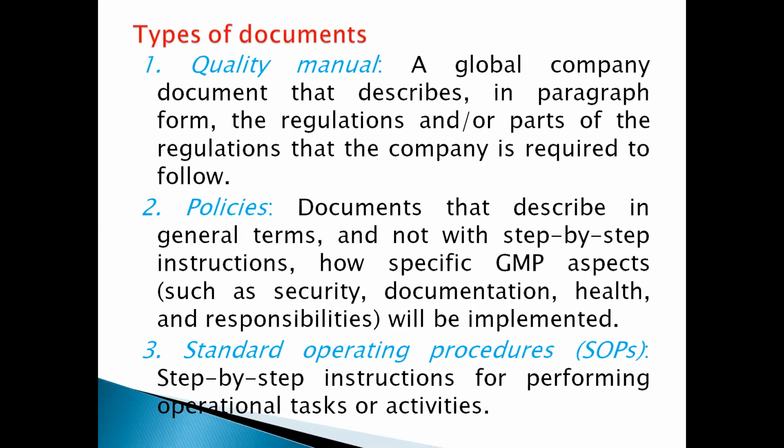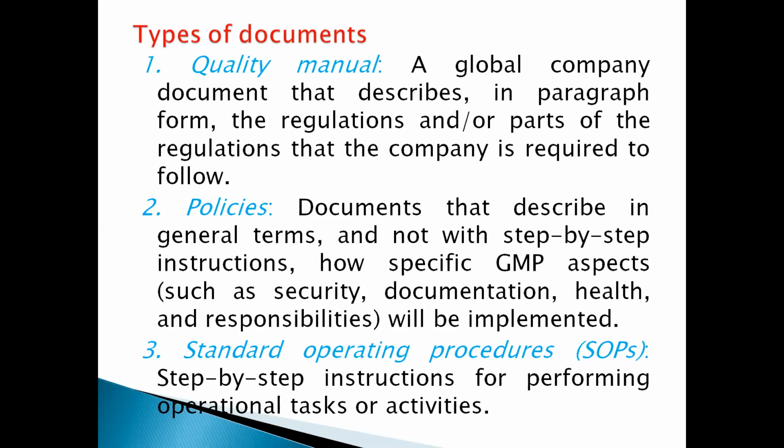The quality manual: a global company document that describes, in paragraph form, the regulations or parts of the regulations that the company is required to follow. That's one. Number two, policies: documents that describe things in general terms, not step-by-step.